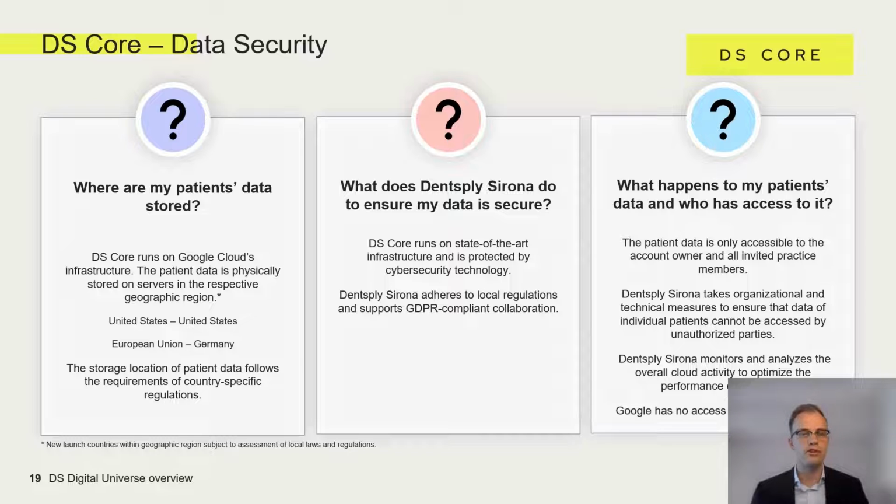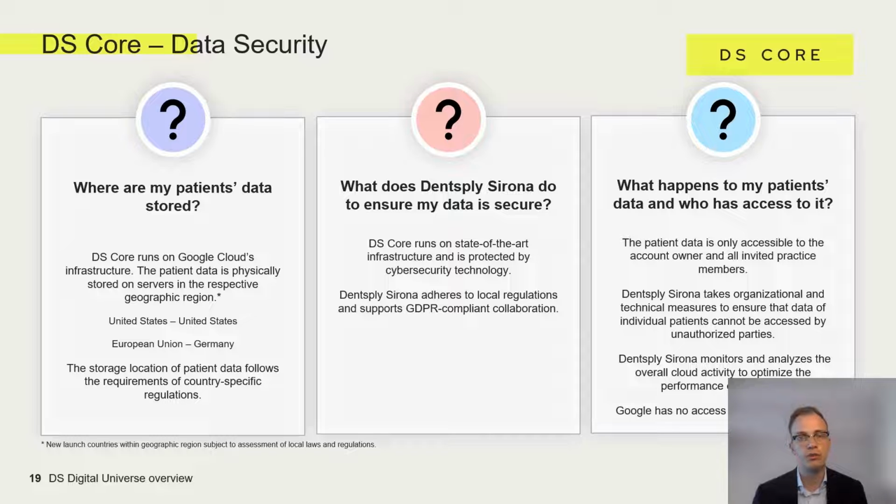One of the biggest benefits of working with DS Core is that we have built the platform in such a way that it supports you to fulfill all of your needs arising out of GDPR and HIPAA when it comes to data storing and also when it comes to collaborating and ordering from your lab. First of all, DS Core runs on Google Cloud's infrastructure, which means we use state-of-the-art technology in terms of computing and also in terms of cybersecurity of a trusted and well-reputable cloud software company.